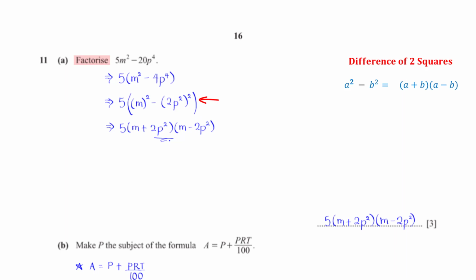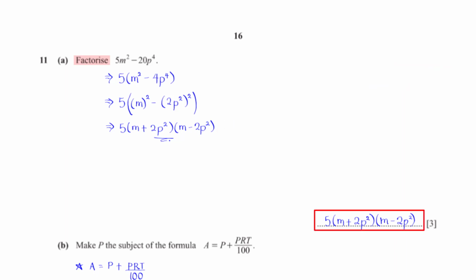By applying the factorization for the difference of 2 squares, we can rewrite m squared minus 2p squared all squared as m plus 2p squared times m minus 2p squared. So we have 5 times m plus 2p squared times m minus 2p squared.